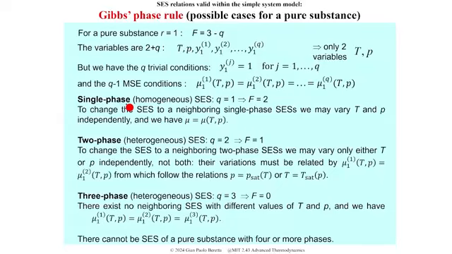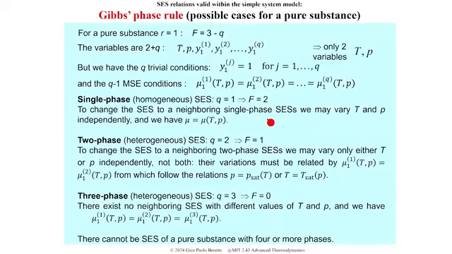So it's homogeneous. Single phase is homogeneous. Same intensive state everywhere. So with Q equals 1 phase, the variance is 3 minus 1, so it's 2.